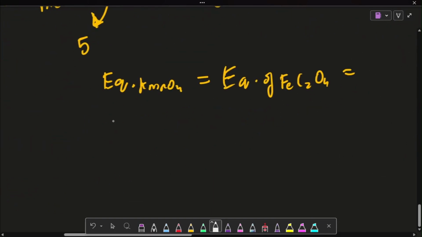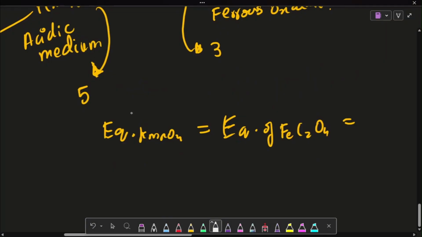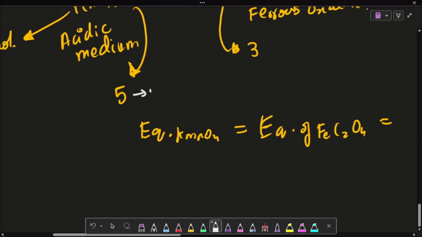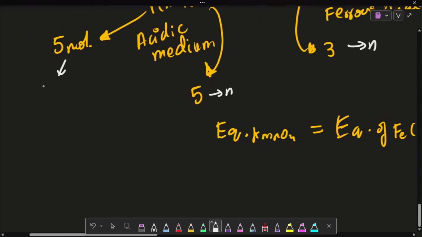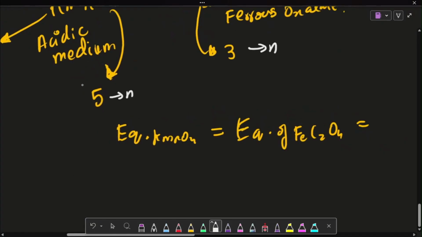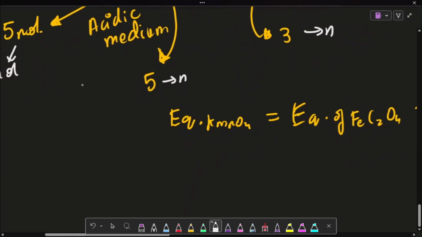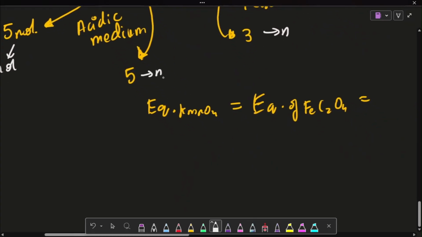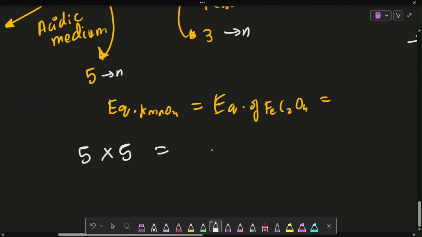Coming back to here, this is the n factor respectively, and that's the mole. So moles of KMnO4, potassium permanganate, reacting times n factor of 5, 5 times 5, is nothing but the equivalence of KMnO4.